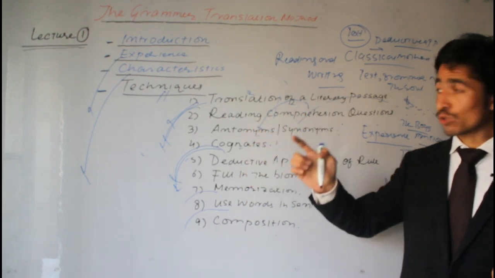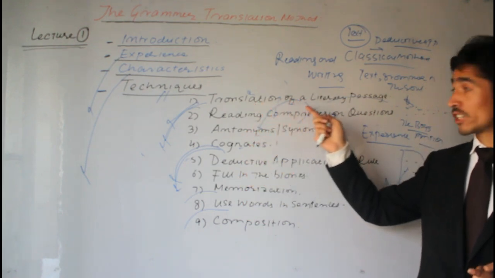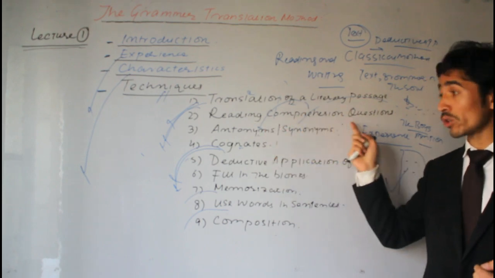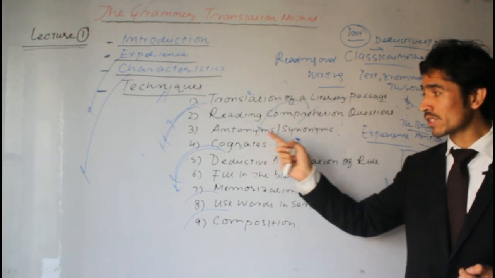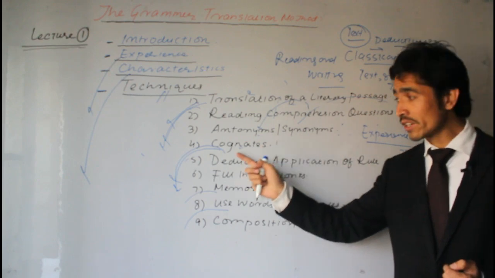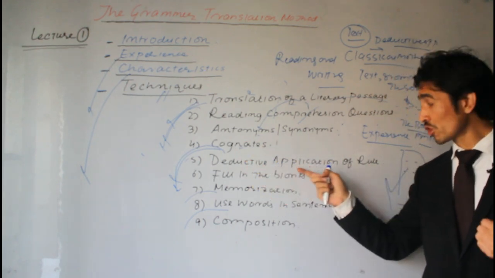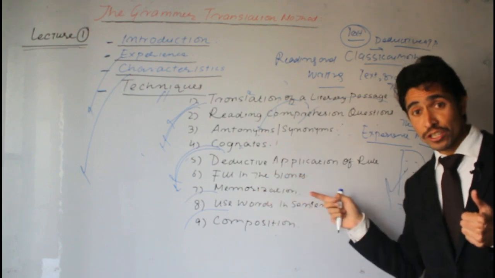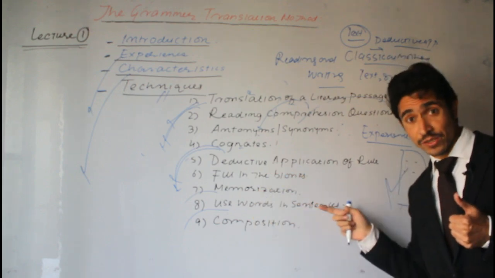So the first one is translation of a literary passage. The second, reading comprehension questions. Then antonyms and synonyms, cognates, deductive application of rule, fill in the blanks, memorization, use words in sentences.